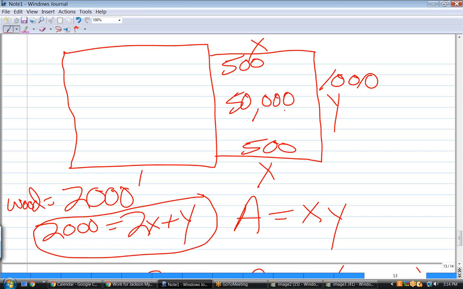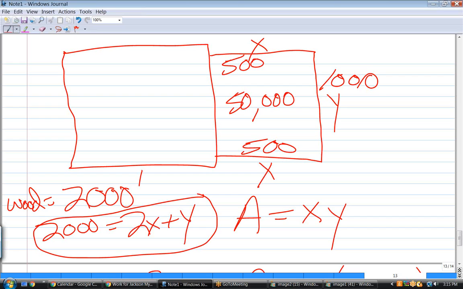And there's no other design utilizing exactly 2,000 feet of wood that'll give you a bigger area. Not as long as everything is a straight line. If this 2,000 feet of wood could be turned into a circle, then a circle is more efficient and would actually give you a bigger area. But if you are assuming that it has to be straight edges, that's the best we can do.